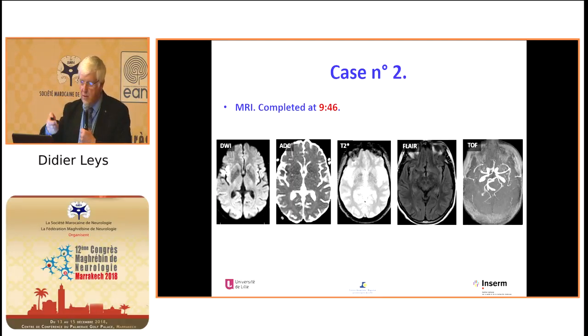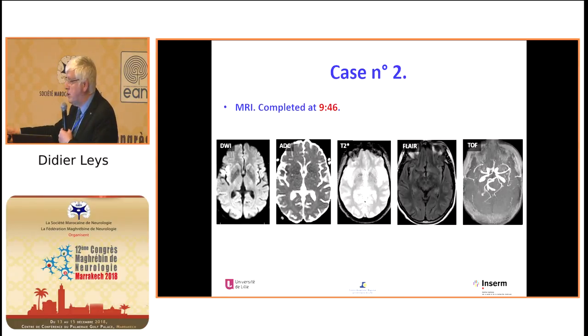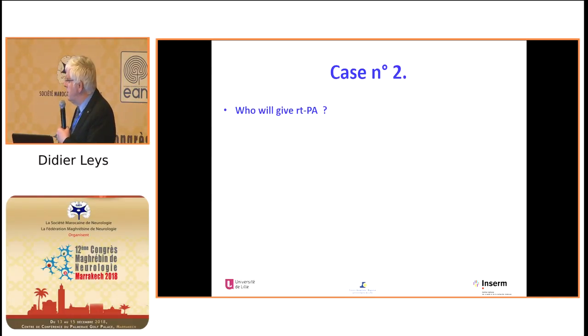And for this reason, I decided to inform her, of course, and the husband, but she was able. Of having a neurological deficit, yeah. And for this reason, I decided to give TPA. Who would not perform a thrombectomy?